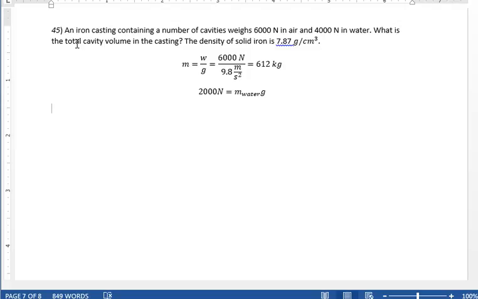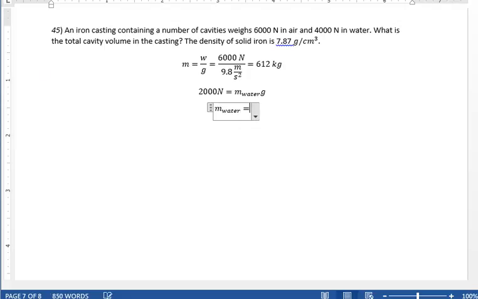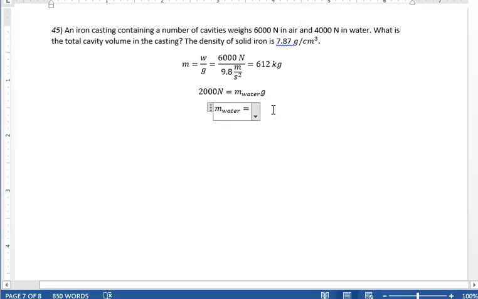That means it displaced enough water to give us 2,000 newtons, and that means the mass of the water is 2,000 newtons divided by 9.8, so 204 kilograms of water.